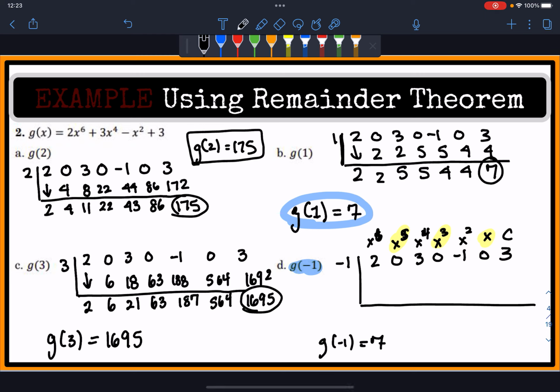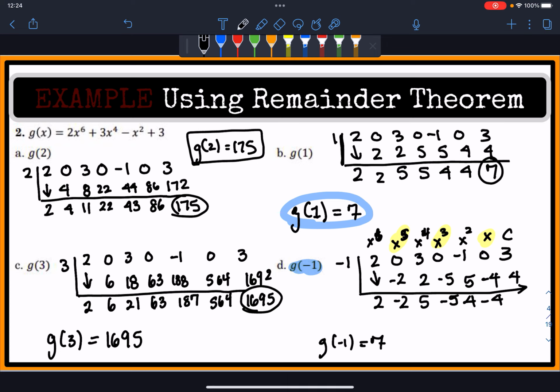This is also going to equal 7. Let's prove that again using the synthetic substitution. And the last one, again, look, is also 7.